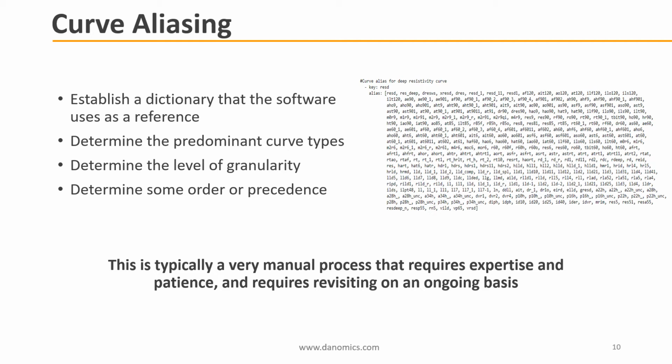The general advice on this, though, is start off as granular as possible, and then as you move into the interpretation workflow, you can start to combine curves into more common names. So, for example, I mentioned a density versus a density porosity.